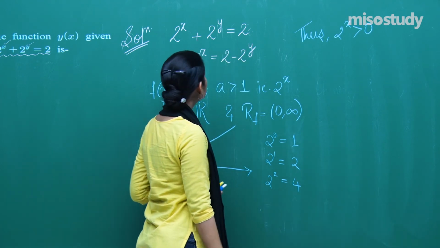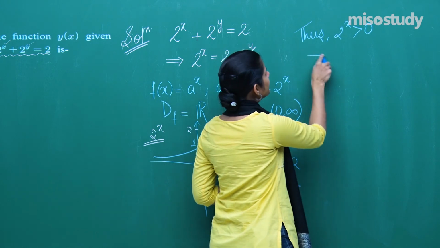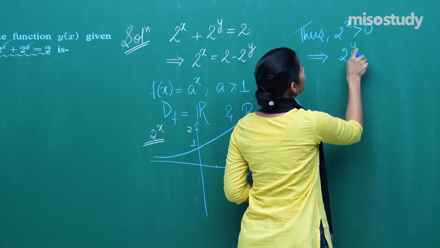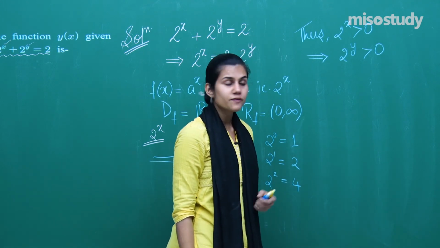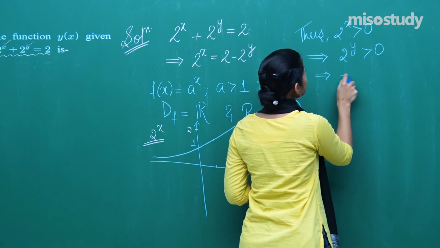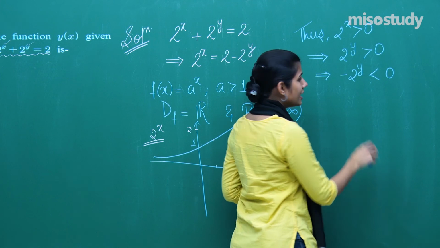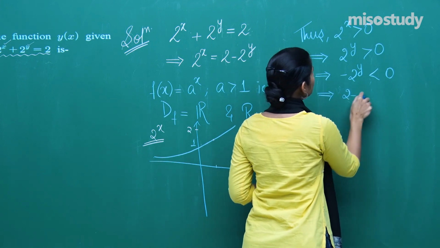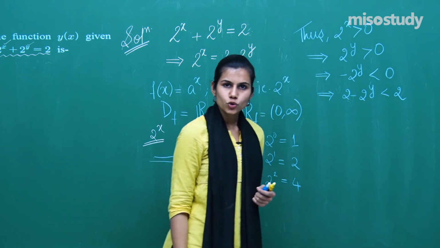This means 2 to the power y, if I individually consider, is also always greater than 0. This is also the exponential expression if I consider y as the input. So this implies minus 2 to the power y is less than 0, and then this implies 2 minus 2 to the power y is less than 2.